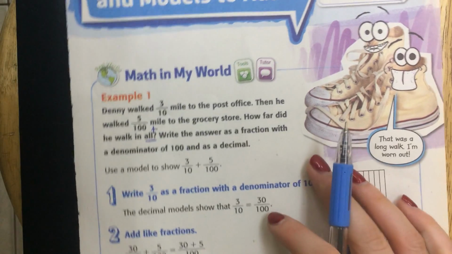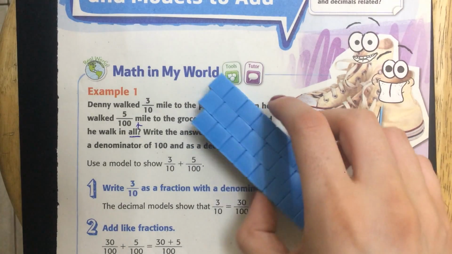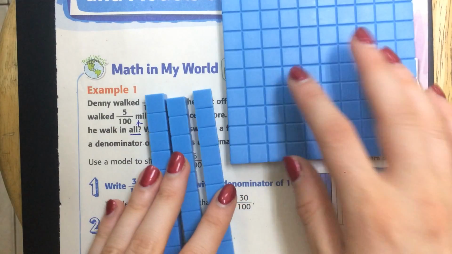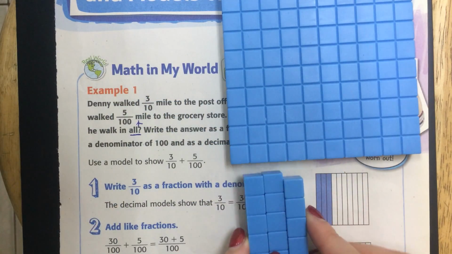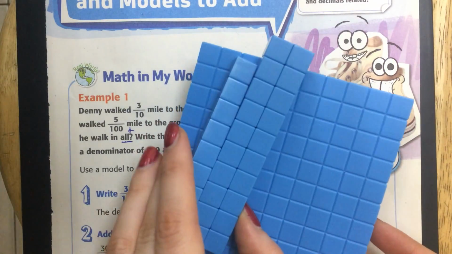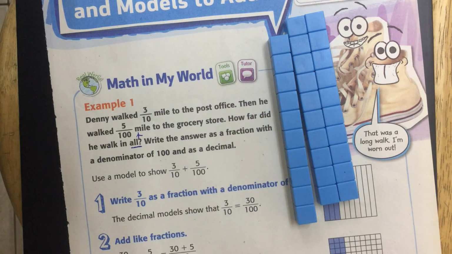All right, well, let's model it out. So 3/10 is 3 out of 10. 1, 2, 3. Okay, so we have 3 out of 10, 3/10.